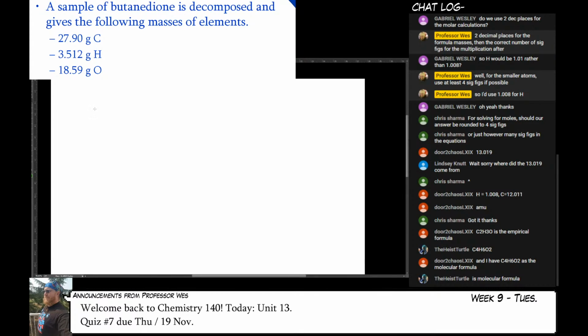So we're going to start by finding the empirical formula of this compound. So I gave you 27.90 grams of carbon, 3.512 grams of hydrogen, and 18.59 grams of oxygen.